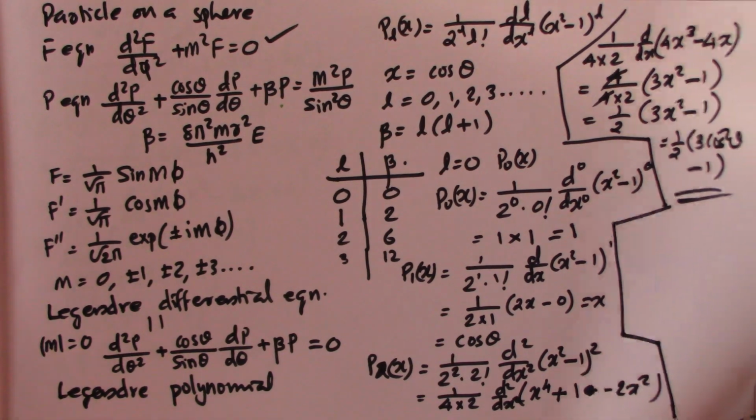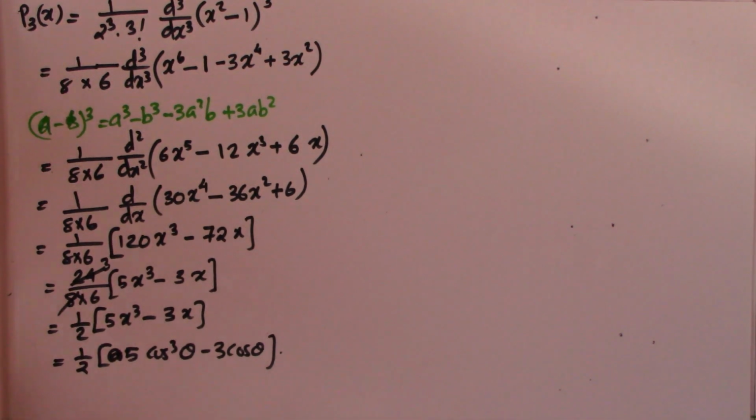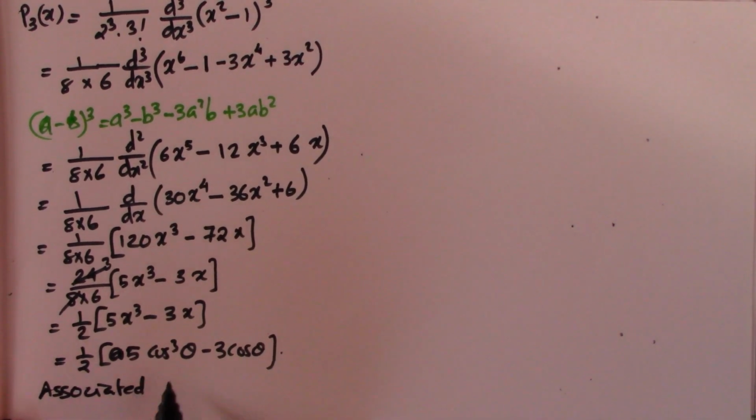Okay, and if there is a non-zero value for m square, in that case we have a polynomial as a solution, and that solution is called the associated Legendre polynomial.